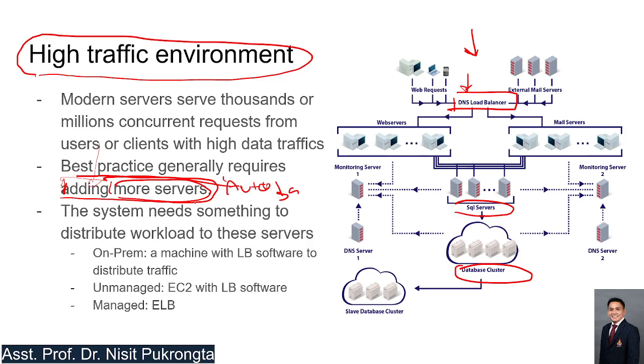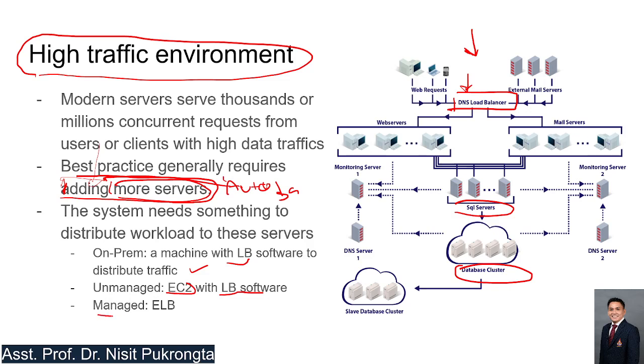The system needs something to distribute workload. If you need to distribute workload to these servers, you can use the load balance. On-prem, a machine with load balance software distributes traffic. For the unmanaged option in the cloud, we can use EC2 running load balance software.